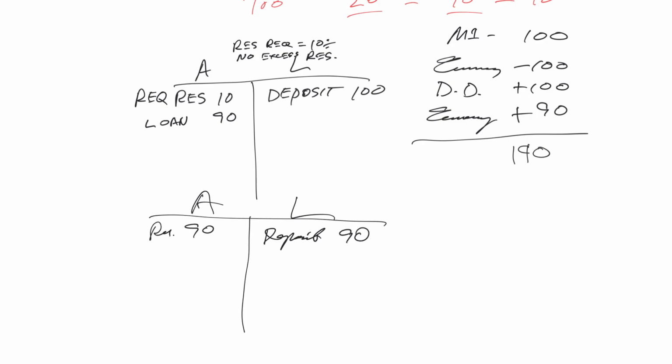But are they just going to keep that $90 sitting there in the safe? No. So they're required to keep 10% of this $90, which would be $9, and lend out the rest.